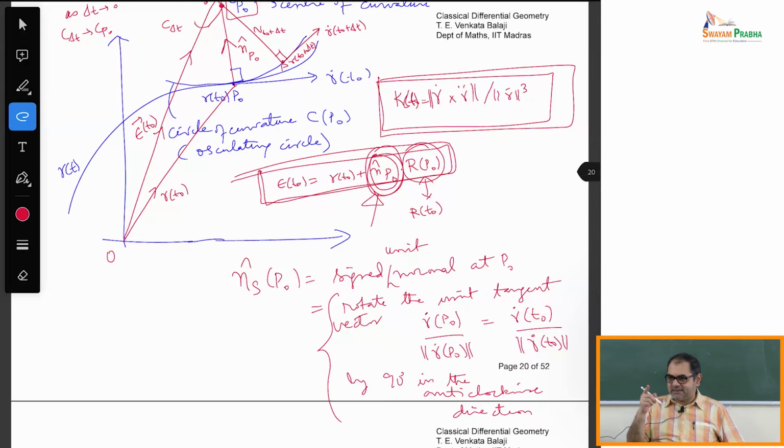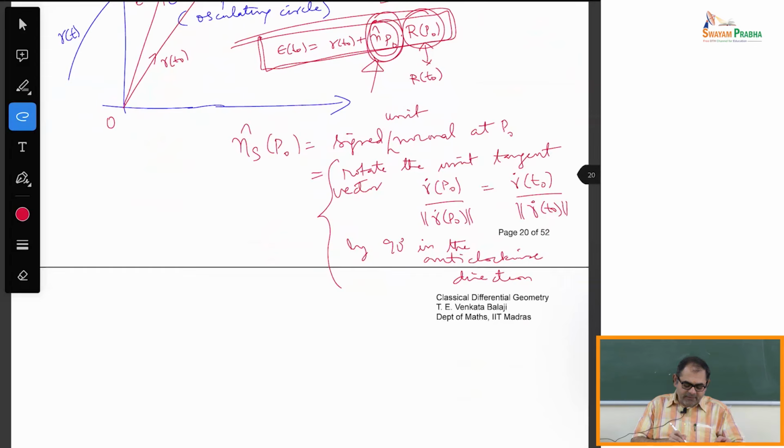Because, for all you know, the geometric normal and the signed unit normal may be in opposite directions. So I told you that there are four possibilities. If the curve is going like this, and your tangent, your gamma dot, is like this, then the circle of curvature is on this side, so this is the center of curvature, and this is the unit normal at p naught.